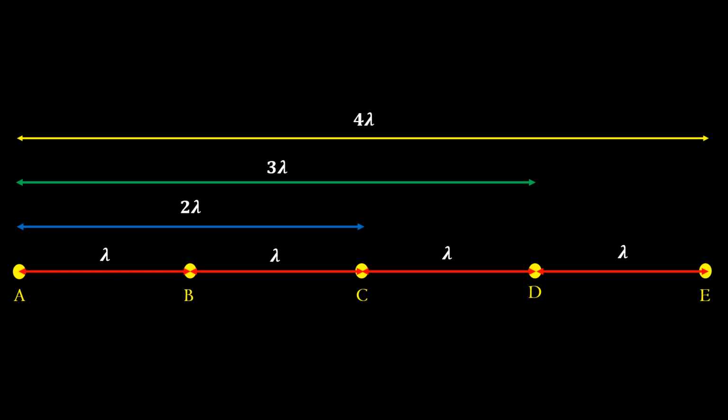For example, 1 times wavelength, 2 times wavelength, 3 times wavelength, 4, 5, 6 times wavelength, and on and on. Remember, natural numbers are numbers from 1, 2, 3, 4, 5, 6, 7, 8, and on and on.